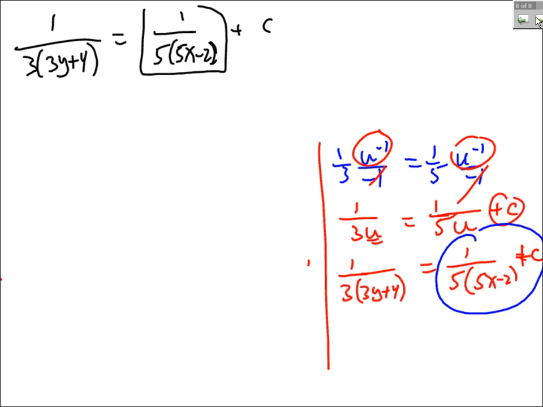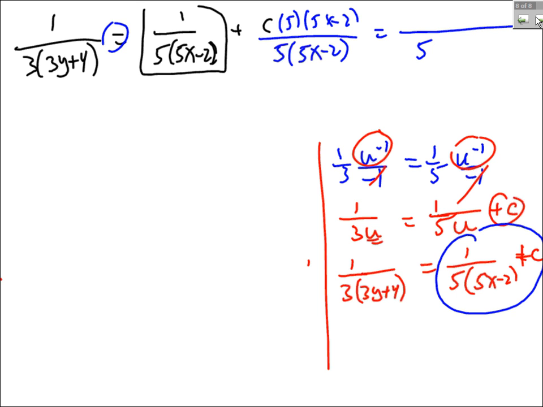That is, I'm going to multiply it by 5 times 5x minus 2 over 5 times 5x minus 2. So now, to the right of the equal sign, I have everything over some denominator, namely 5 times 5x minus 2.